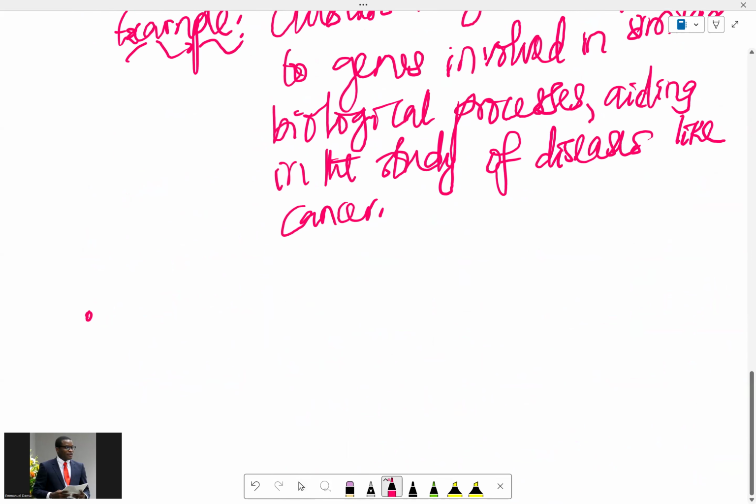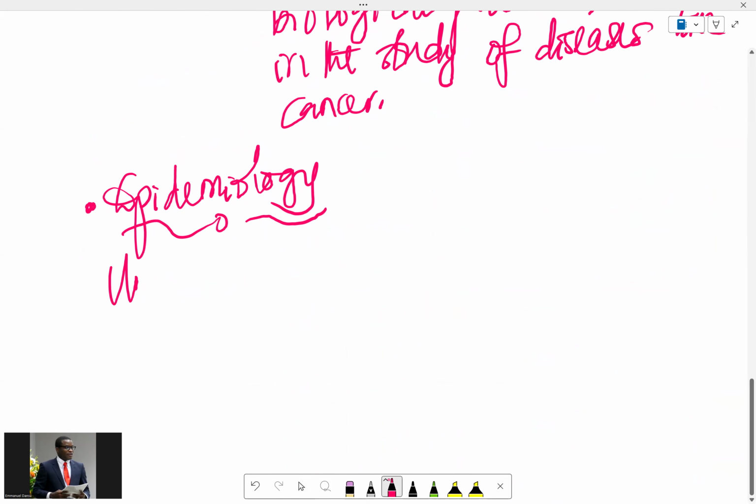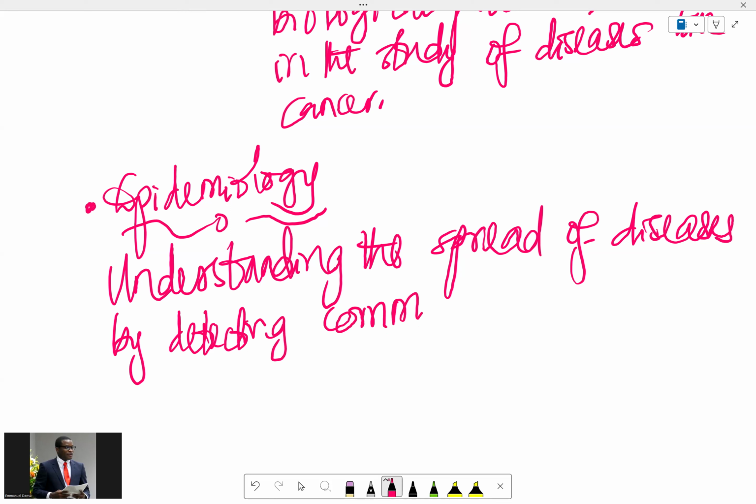Then we can also talk about epidemiology. Of course, this is of serious public health concern. It involves understanding the spread of diseases by detecting communities in human contact networks.